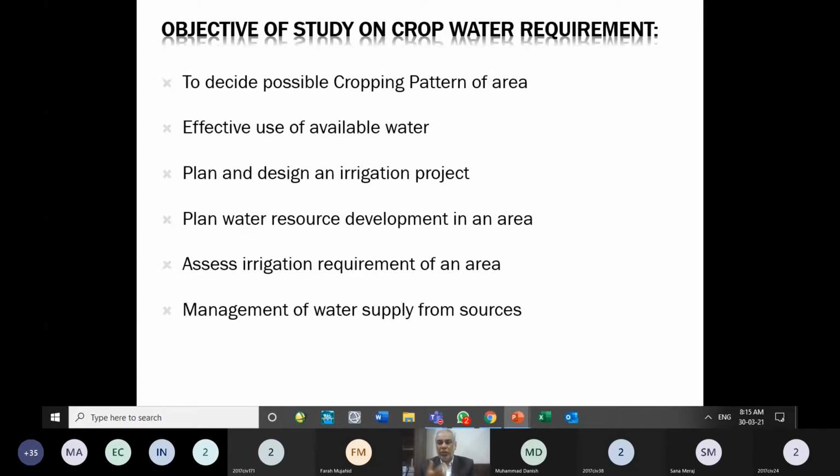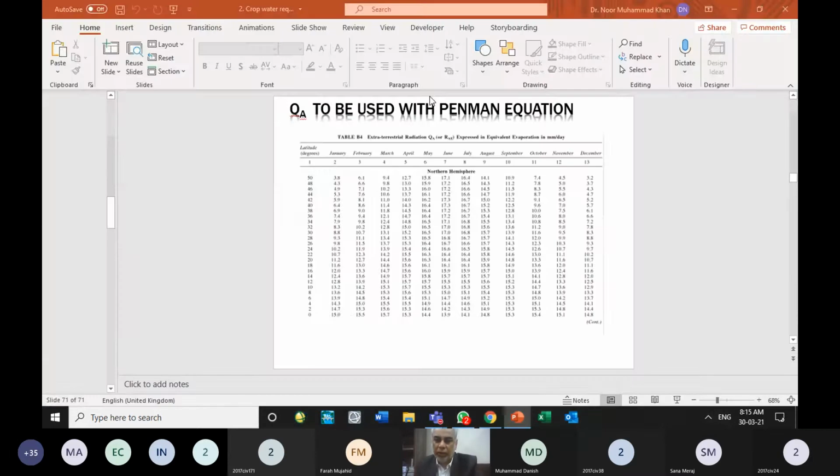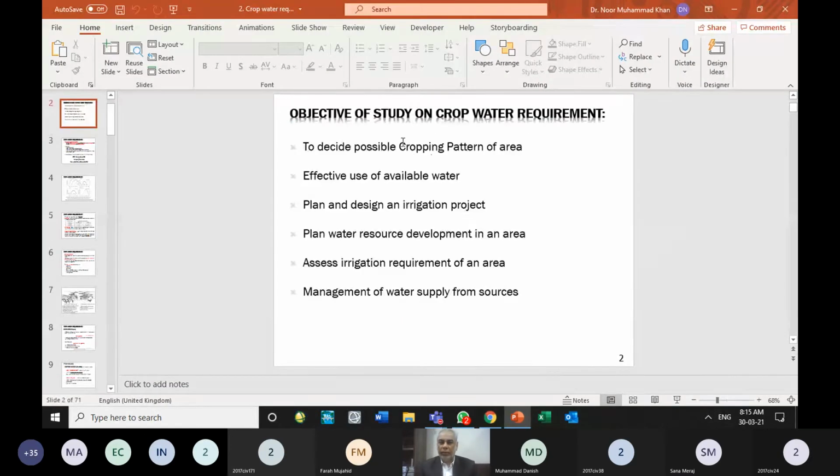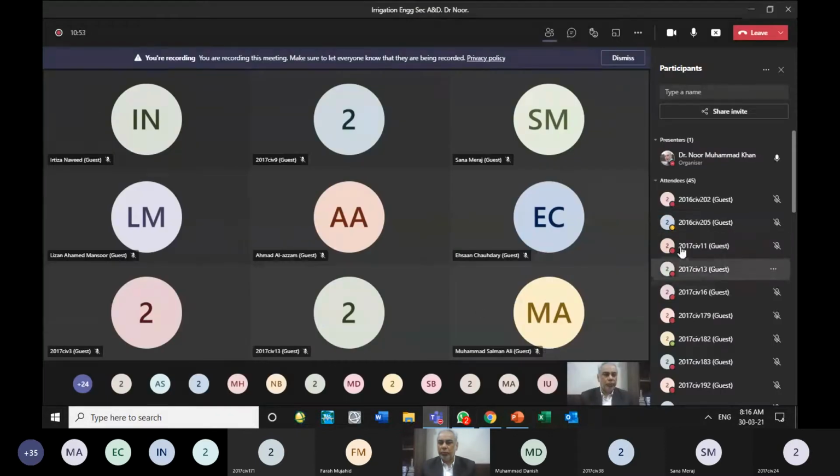So which types of crop you are allowing farmers to grow in the field will be decided by the cropping pattern. So to decide that cropping pattern, you need to know the crop water requirement. Otherwise, you will not be fulfilling the requirements of the crops.